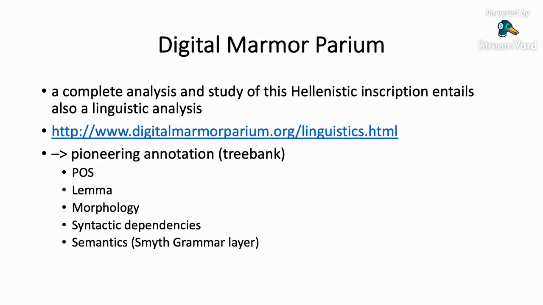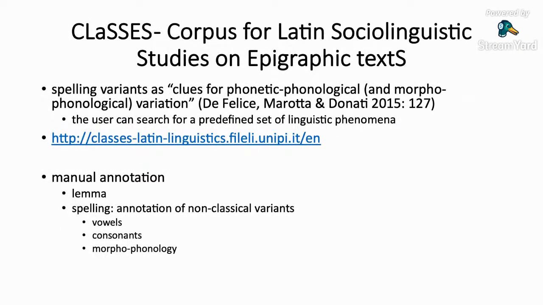Another project I would like to mention briefly is CLaSSES, Corpus for Latin Sociolinguistic Studies on Epigraphic Texts. This is a project whose focus is sociolinguistics, and the annotation is centered on spelling variants, which are used as clues to study phonetic, phonological, and morphophonological variation.